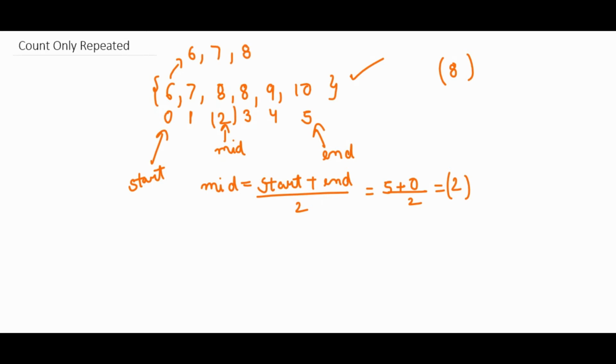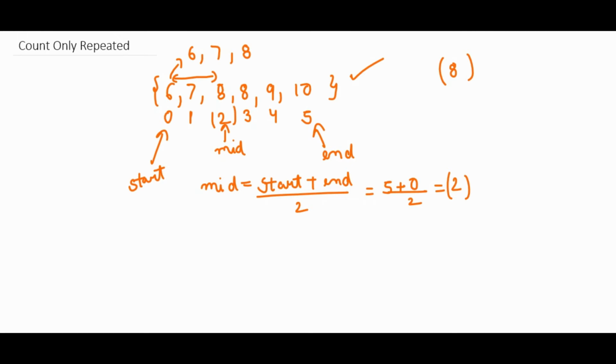Okay, if it is not 8, then we have to change our start pointer or end pointer accordingly, but right now it is 8 only. So we can surely say that before it all the elements are at their correct position. There is no repetition, as the array of 2 is at its correct position.